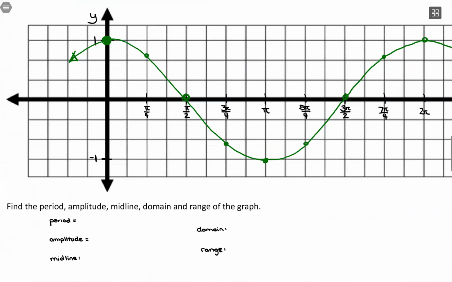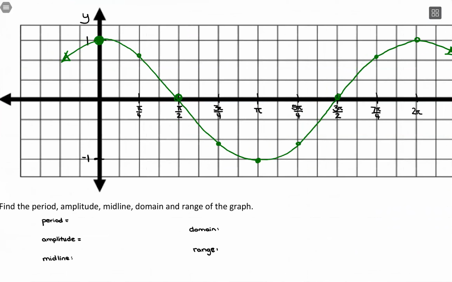So, the period of the graph is 2 pi, which makes sense as we're going around the circle grabbing these values. To go around the full circle, we would have an angle measurement of 2 pi. Amplitude, or the radius of that circle, is 1, and the midline is still y equals 0.